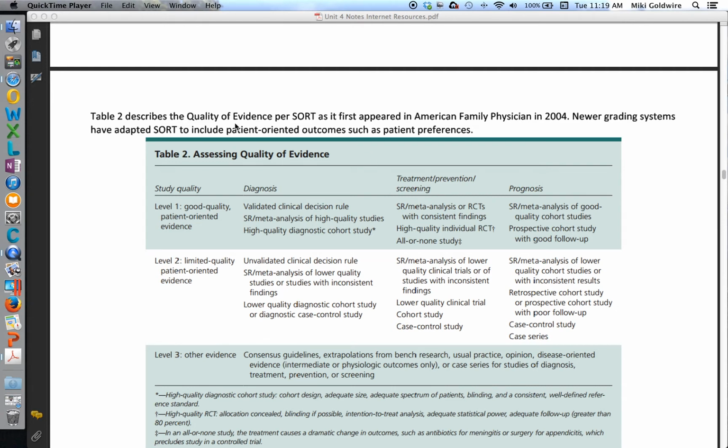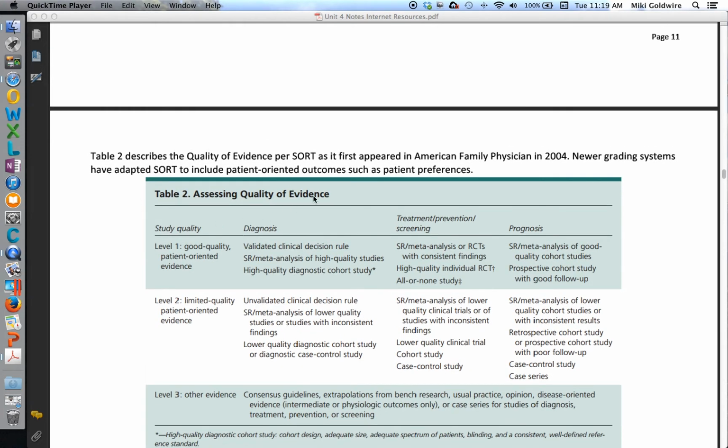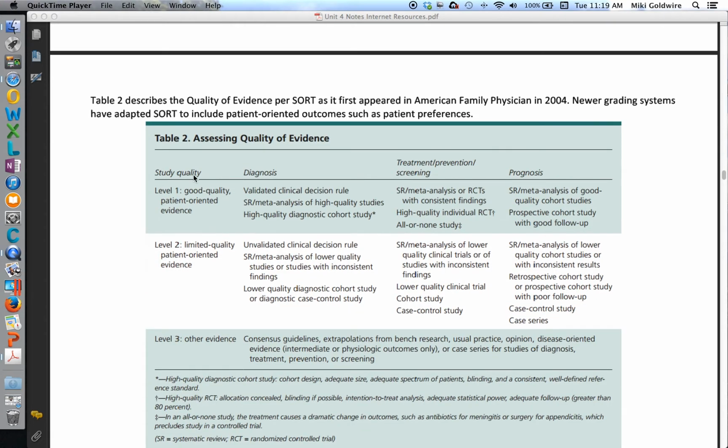The quality of evidence per SORT criteria first appeared in the American Family Physician in 2004. Newer grading systems have adopted SORT to include patient-oriented outcomes, such as patient preferences. So you can see in this example, assessing quality of evidence, the study quality, level 1, is good quality patient-oriented evidence.